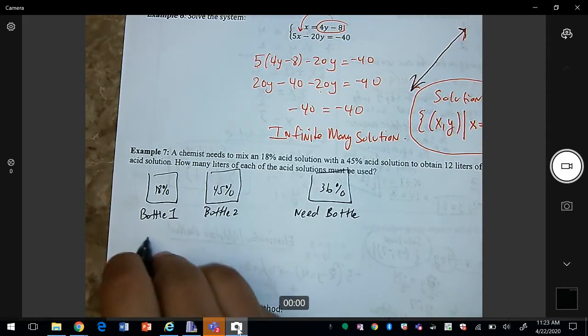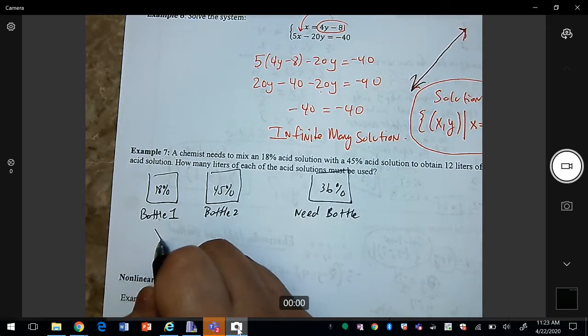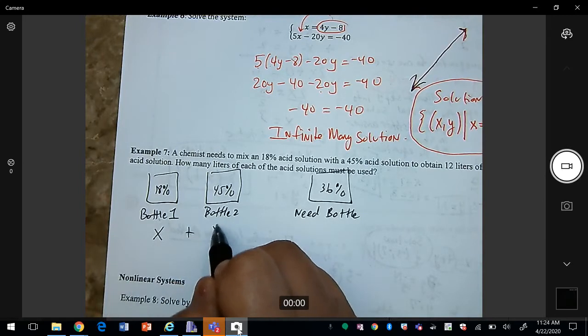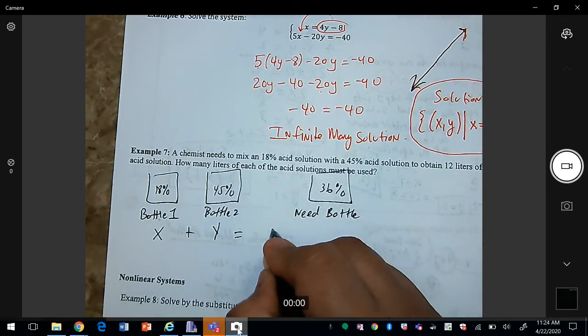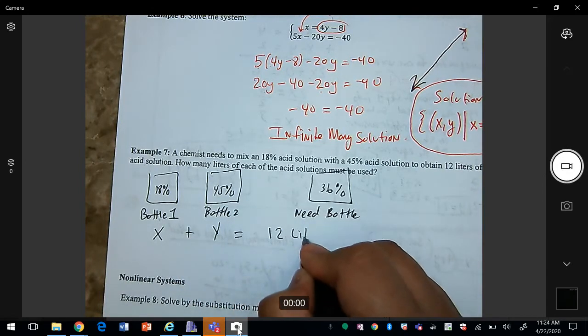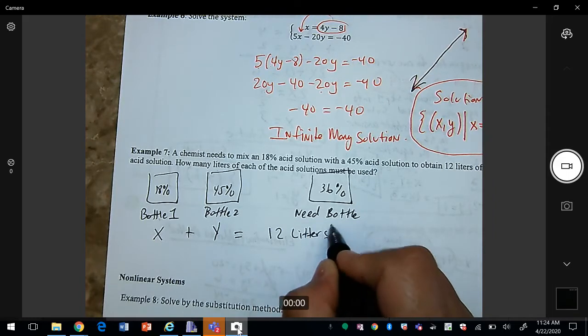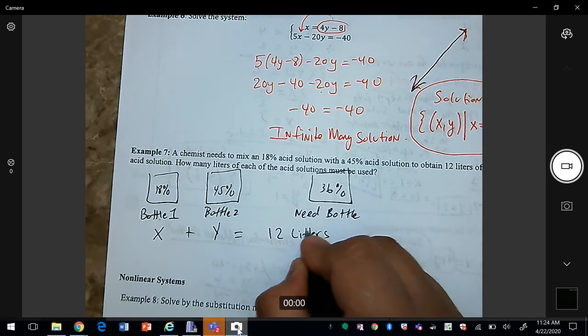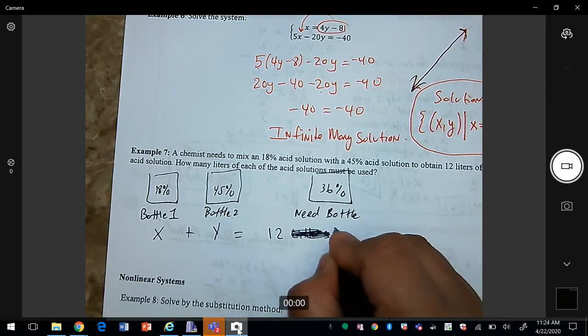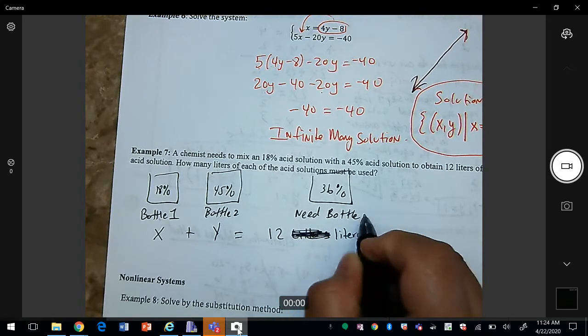We have this bottle plus this bottle should give us 12 liters of the bottle that we need.